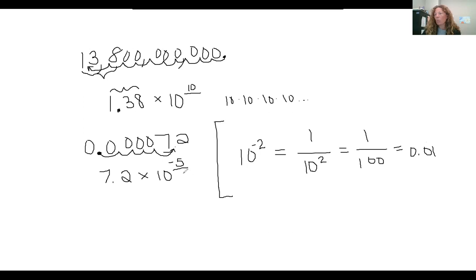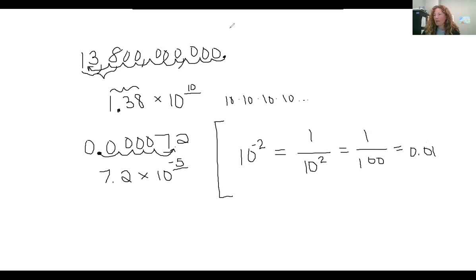It would be 1 over 10 to the 5th. 1 over 10 to the 5th is 1 over 10 times 10 times 10 times 10 times 10. It's very small. That should make sense. That is what we see here. I see a very small number that starts with 7. 7.2 times 10 to the -5th is our scientific notation value here.